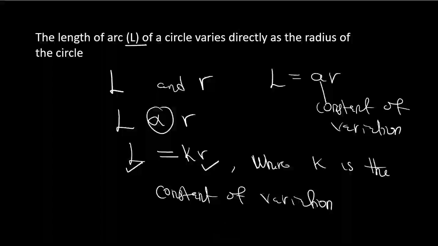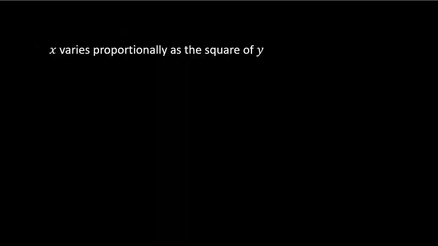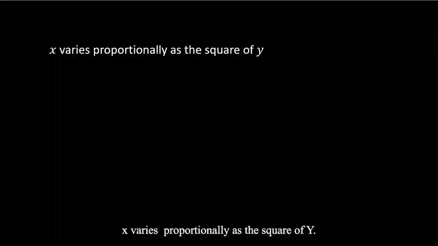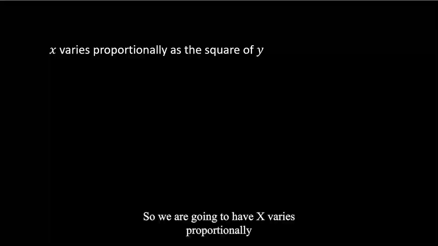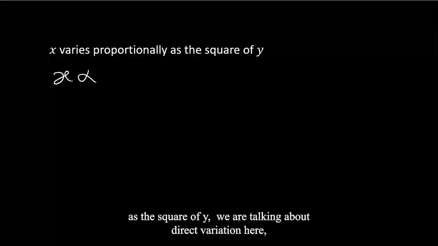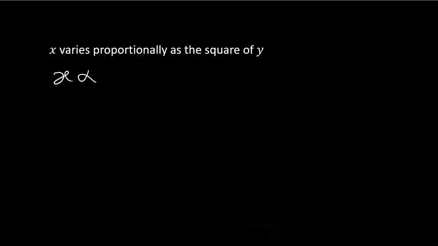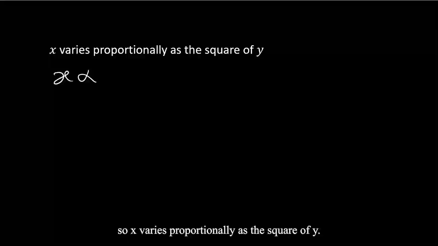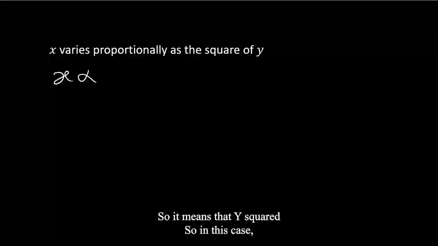All right. Let's consider another statement. X varies proportionally as the square of Y. We are talking about direct variation here. So X varies proportionally as the square of Y. So it means Y squared.